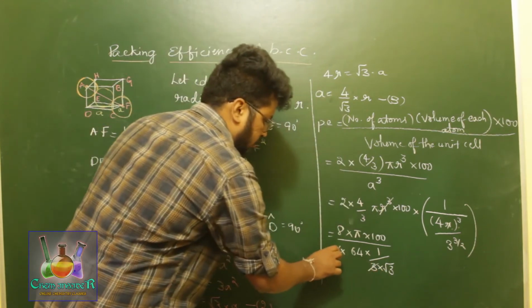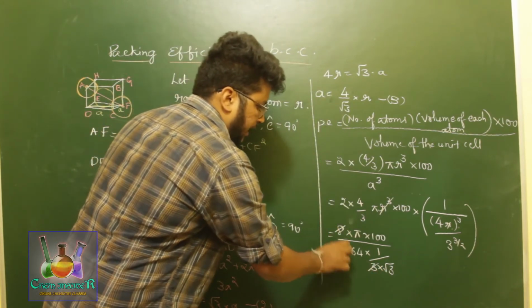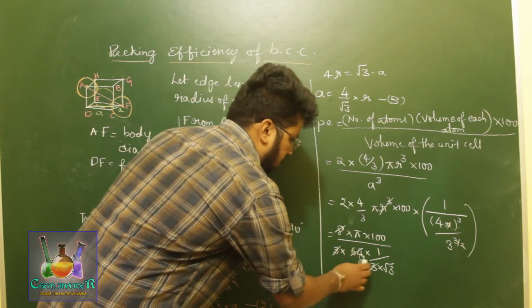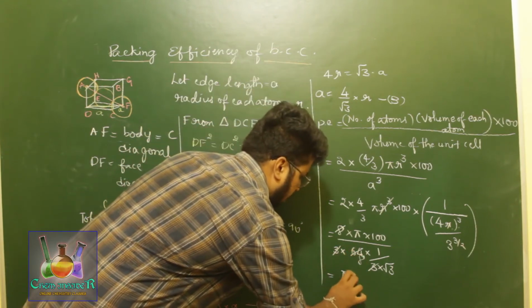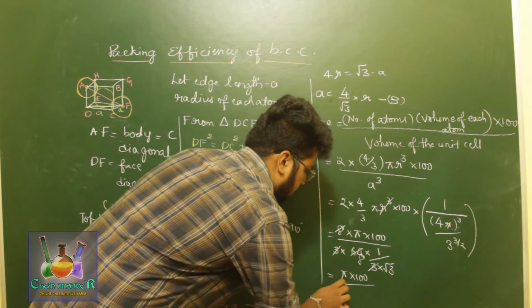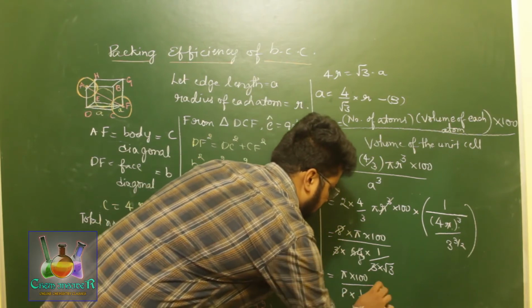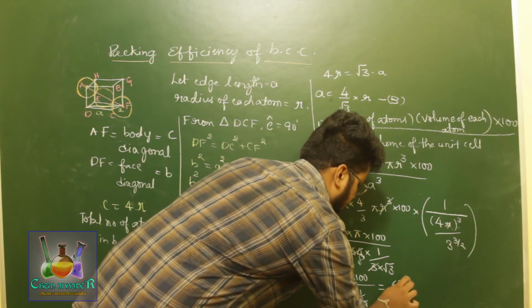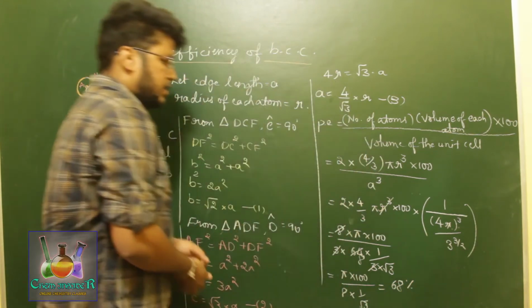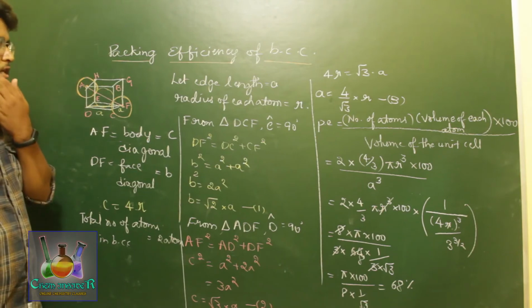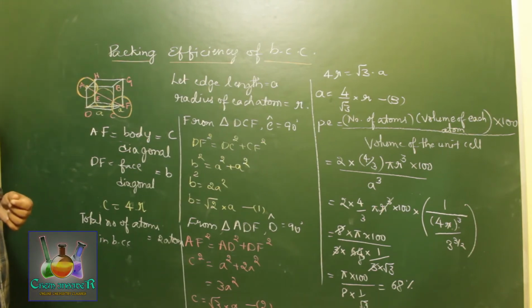So 1 3s are 3, 1s are, next 8 1s are 8, 8s are. Further, if you calculate all these values, we get 68% as our final answer. That is, the packing efficiency of a body centered cubic lattice is 68%.